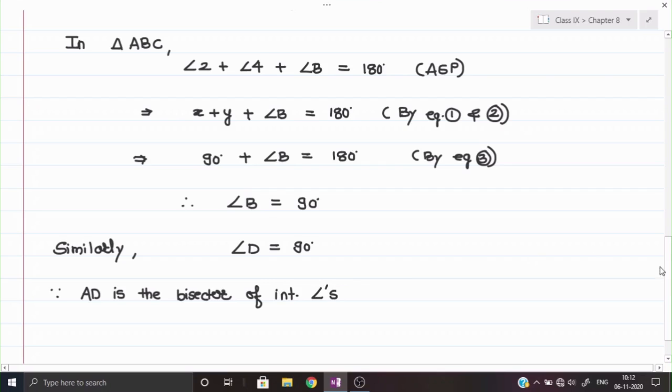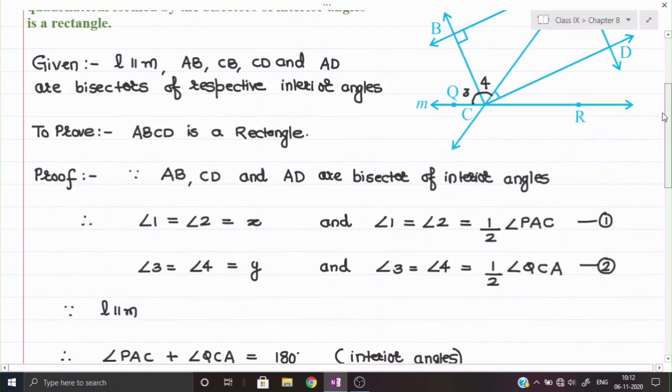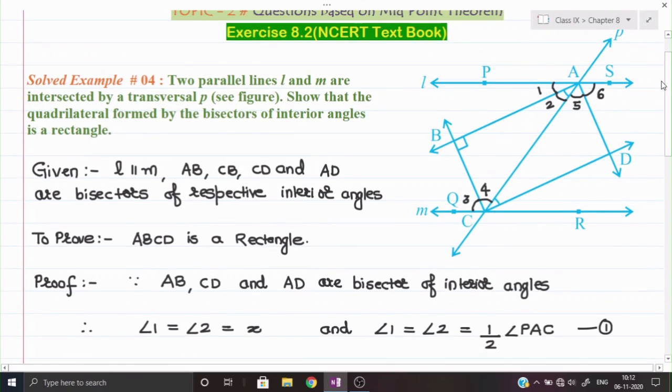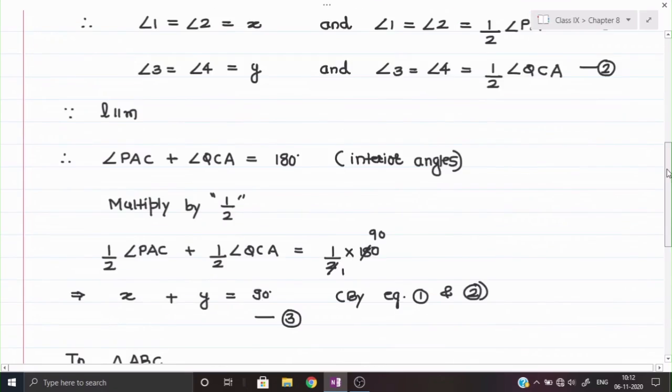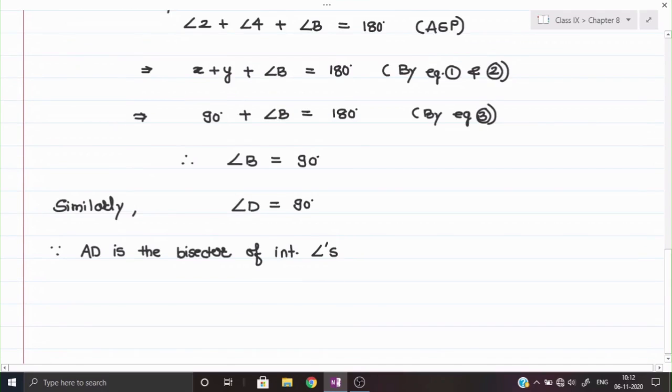So here AD is the bisector of interior angle, angle SAC. You can check the angle properly. Okay, so angle SAC will be the interior angle who is bisected by line AD. Interior angle SAC.